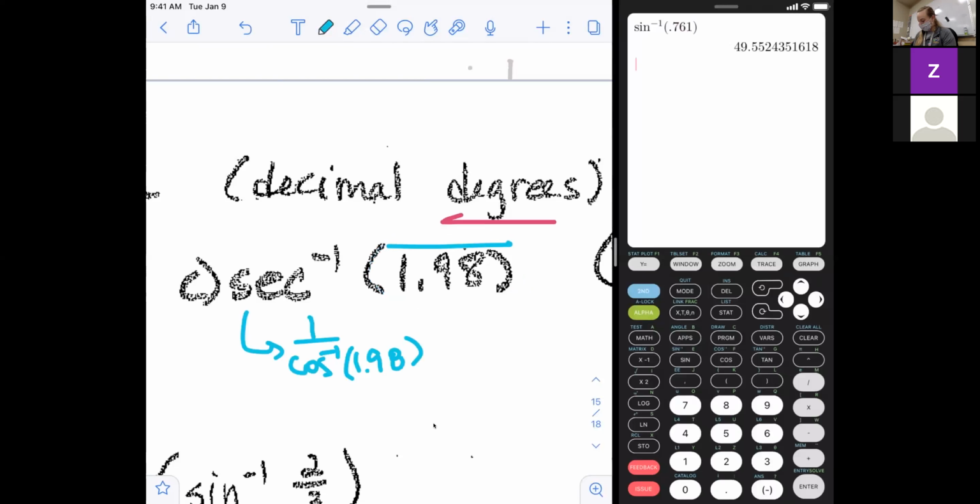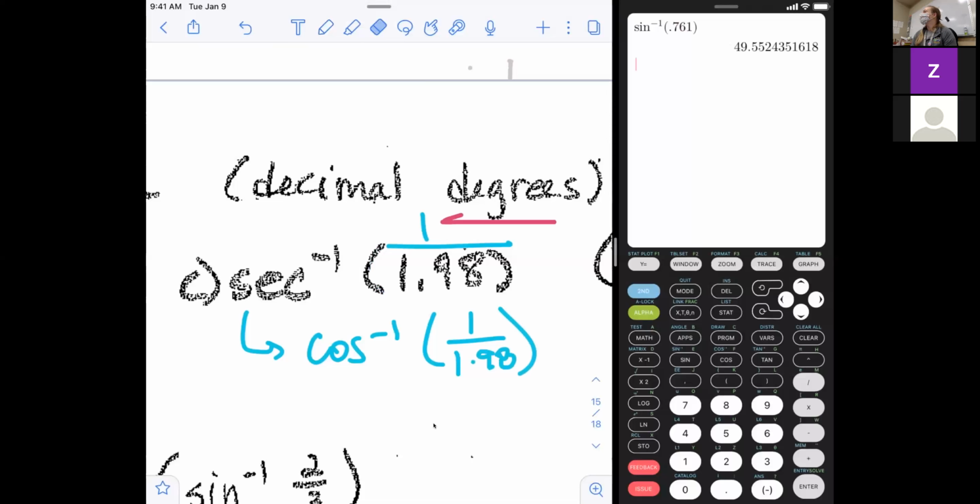So I want to do 1 over that number and second cos of that. So we know cosine goes with secant, but instead of doing 1 over cosine, I want cosine of 1 over 1.98. You okay with that? Second cos 1 divided by 1.98. And I get 59.6653.